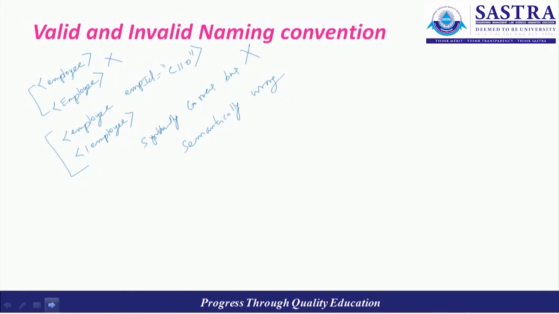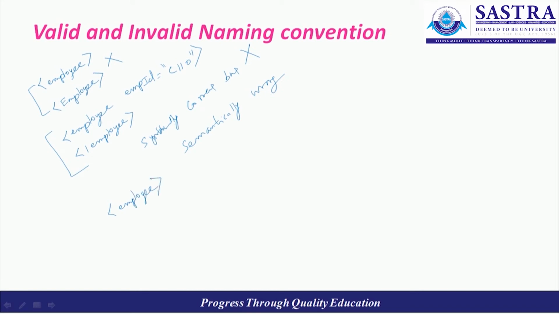So, valid and invalid naming convention. These are the examples I can show you. Sometimes we have not created a root tag and sometimes we have not closed the opening tag properly. So, we should be very clear about this.